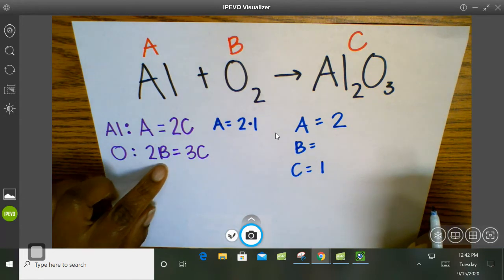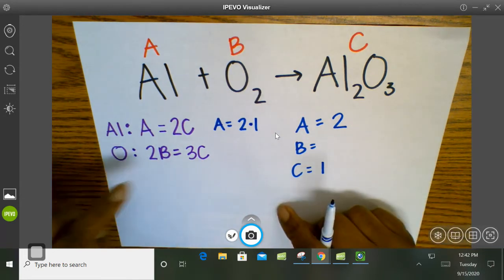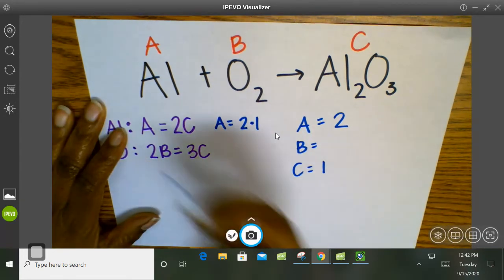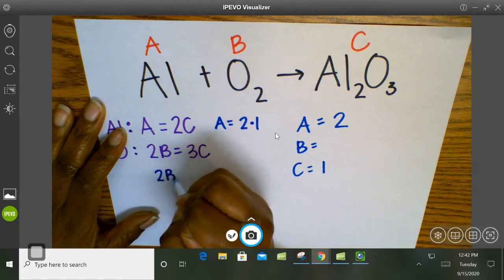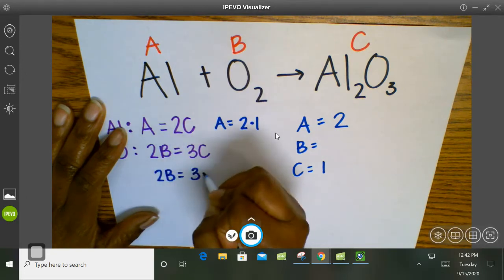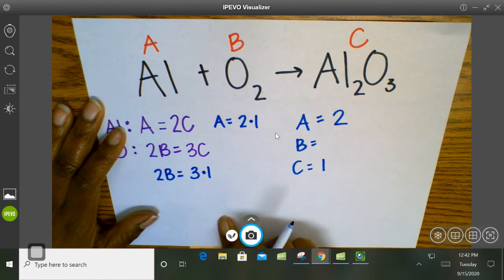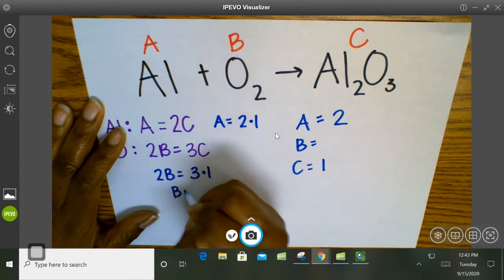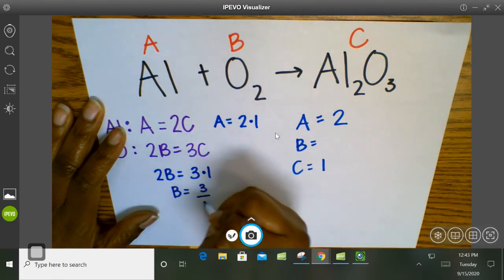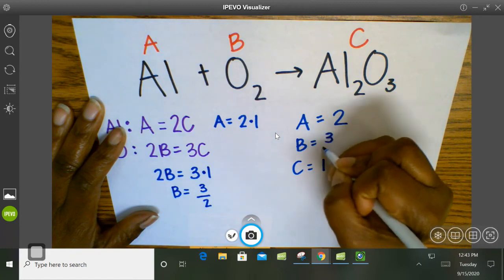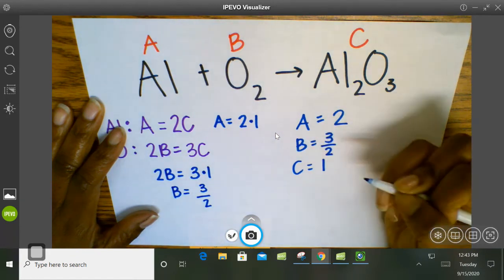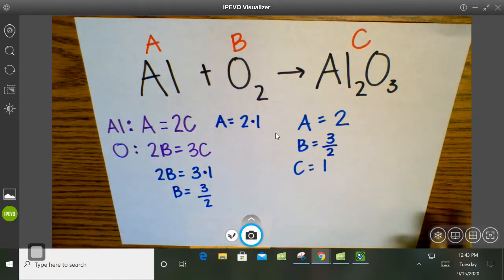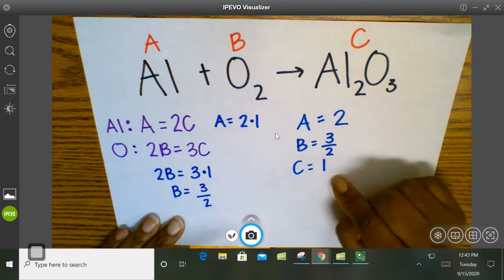All right, then I'm going to plug in C to figure out what B is. So 2B is equal to 3 times 1, because C is equal to 1. B is equal to 3 over 2. All right, so I'm looking at this and I got 2, 3/2, and 1.